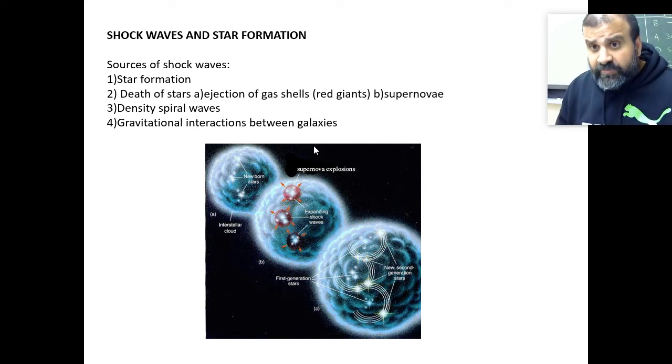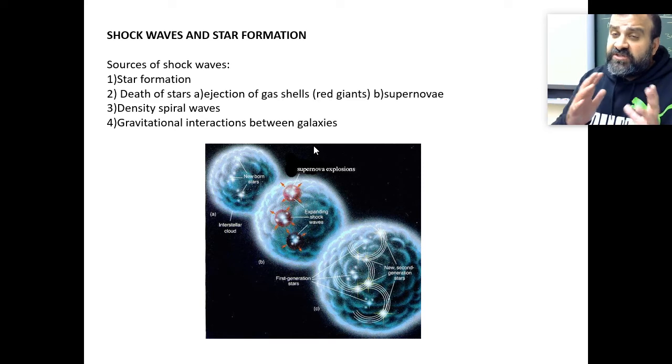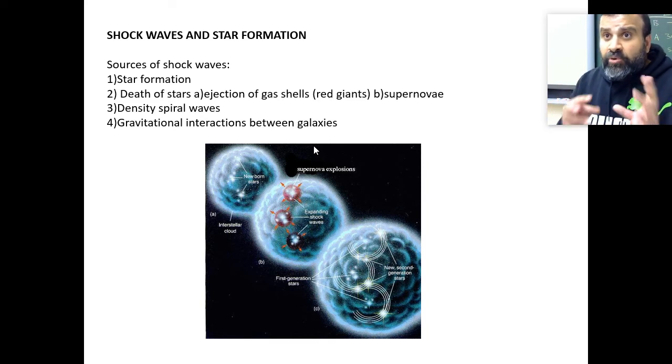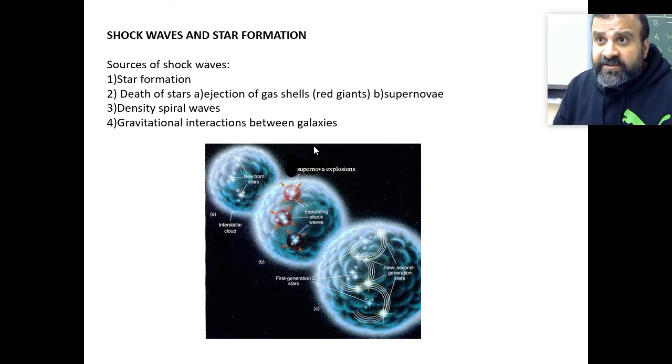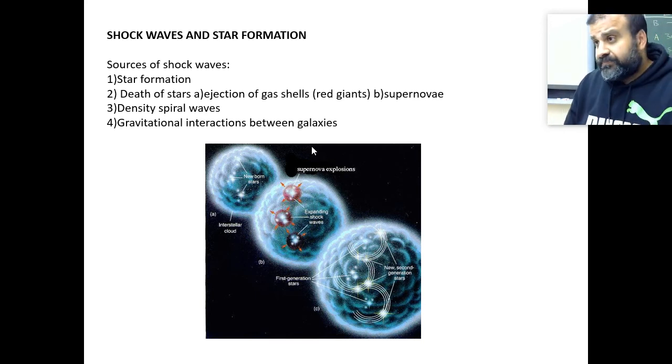Like we've already mentioned, with dark matter out there, there's already gravitational attraction occurring between galaxies and dark matter. These interactions in gravity can push and pull on gases, and that can trigger an instability, which can trigger collapse, which can trigger star formation.